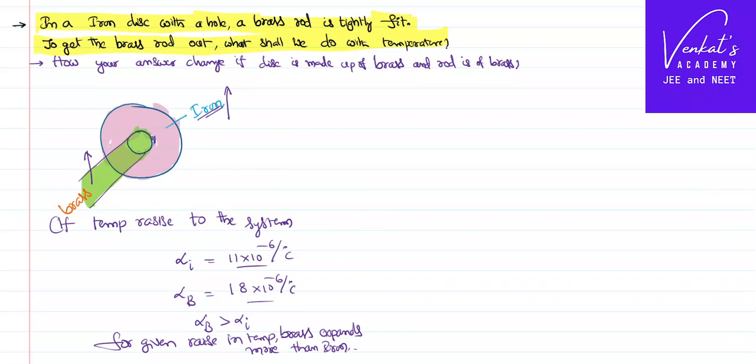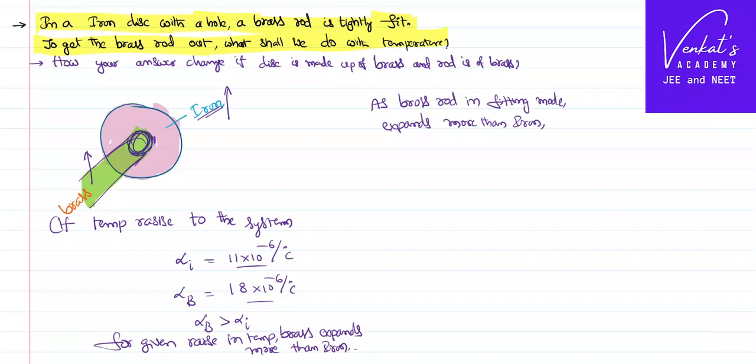As the brass rod in a fitting mode expands more than iron, what happens?